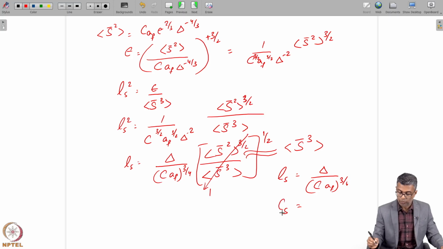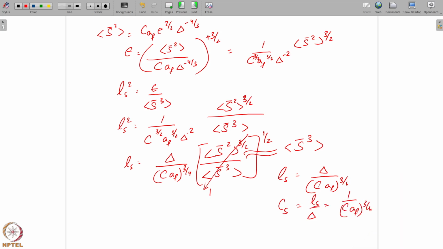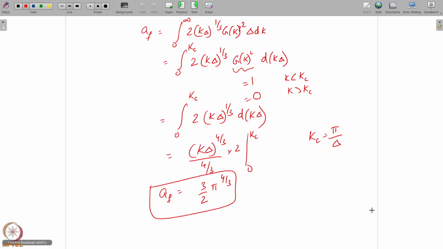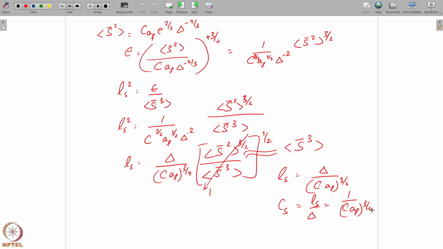So I am trying to find out what CS is, isn't it? So that is LS over delta. That would be equal to 1 over C AF to the 3/4. And what is my AF? AF is 3/2 pi to the 4/3. So that would be 1 over C, and there would actually be a C times 3, raised to the 3/4, and then I would have a 1 over pi.